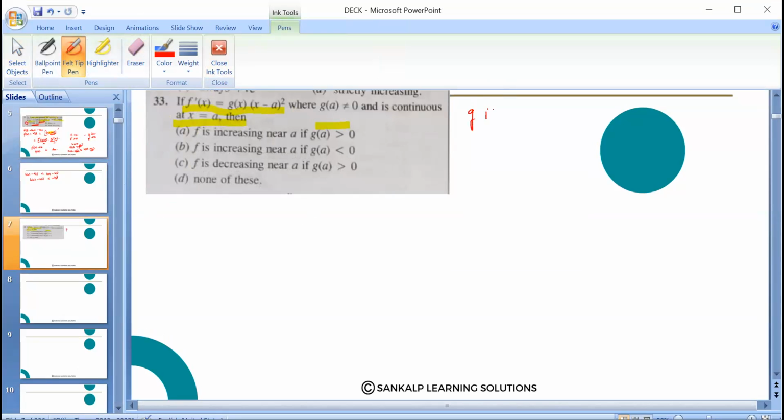We know that g is continuous at x equal to a. Now there are two possibilities in the option. G of a is greater than 0 or G of a is lesser than 0.